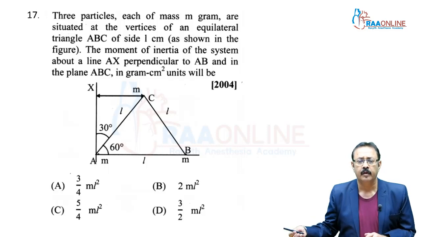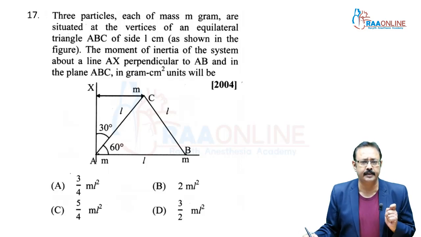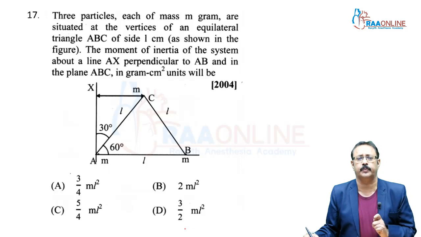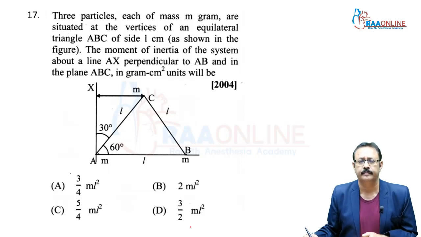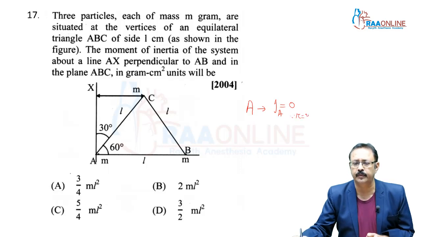First, we are going to calculate the moment of inertia of A. Its distance from the axis AX is 0. For the particle situated at A, its moment of inertia about this axis should be 0 since R is 0.